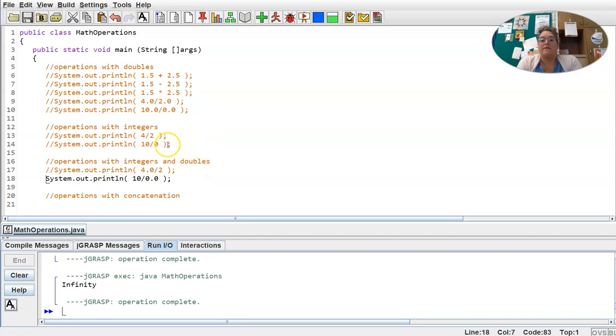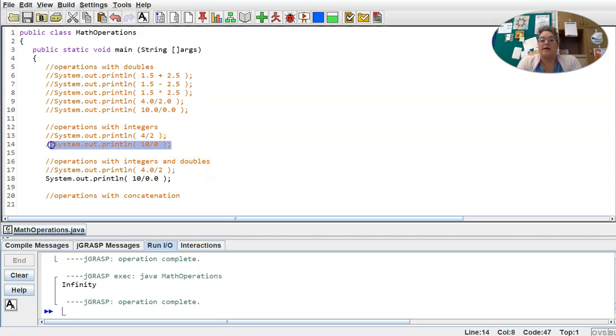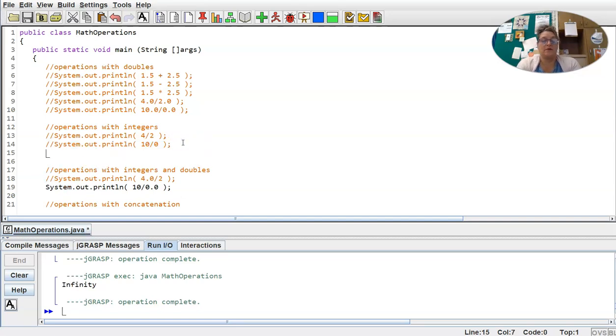Okay, another fun operation to try with your integers is one that we don't use very often in high school math classes, and that's modulus. So 10 modulus 3. Okay, and we'll go ahead and let this line above print as well.